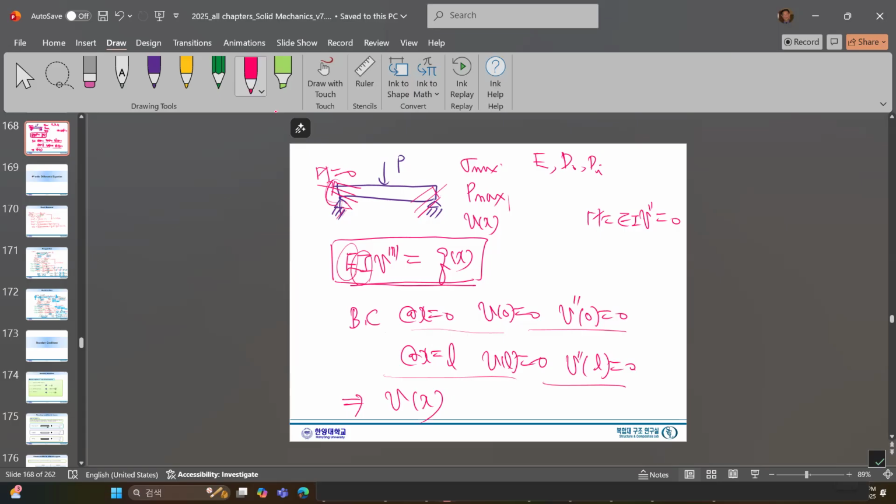Once we know V, everything can be solved. How do we get the moment? Just differentiate V twice and multiply by EI, and we get the moment distribution. And how do we get sigma x? Divide the moment by I and multiply by y, and sigma x comes out. So again, once we have the deflection V, you will get the moment, you will get the stress, and you know the strength or yield strength, so everything can be solved. You can design.